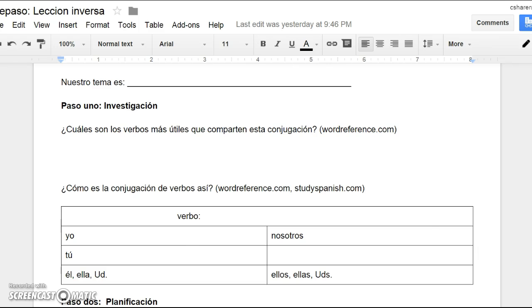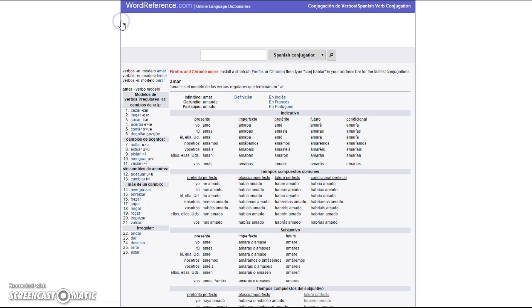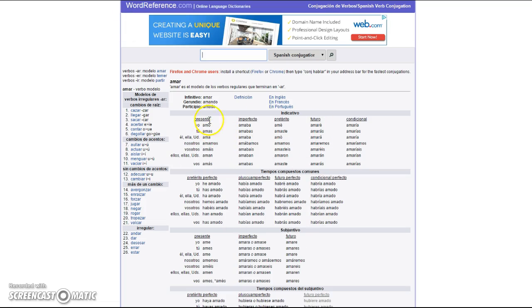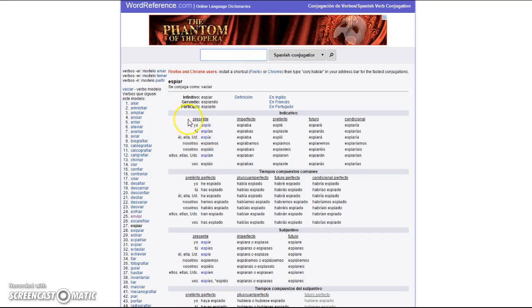So I'm going to go to WordReference, and up here at the top you see where it says verb conjugators. I'm going to click on Spanish, and I can look up how any verb is conjugated. I'm going to put in espiar, and I'm just focused on the present tense. You can see here it's yo espío, tú espías, él espía, nosotros espiamos, no accent.